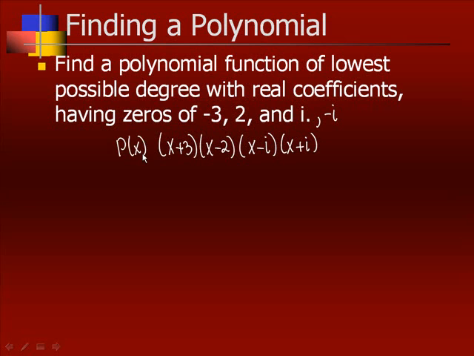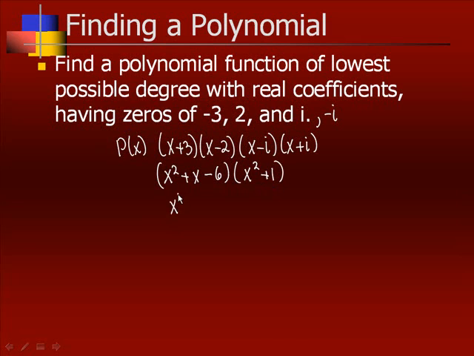So if we were to multiply this out, the first two together would give us x squared plus x minus 6. The last two together would give us x squared, outers and inners cancel, minus i squared, but that's going to be plus 1.